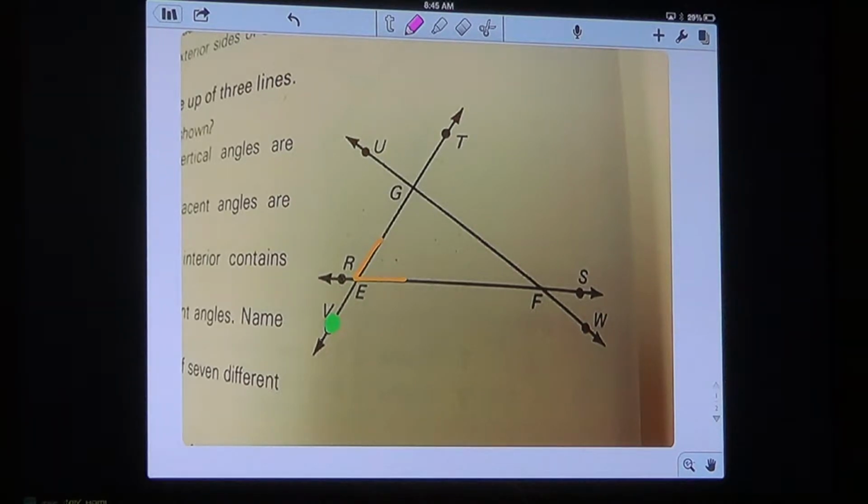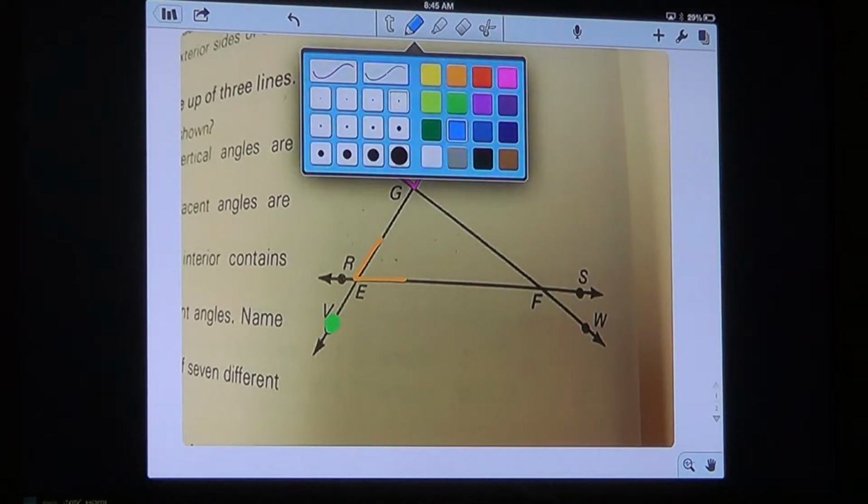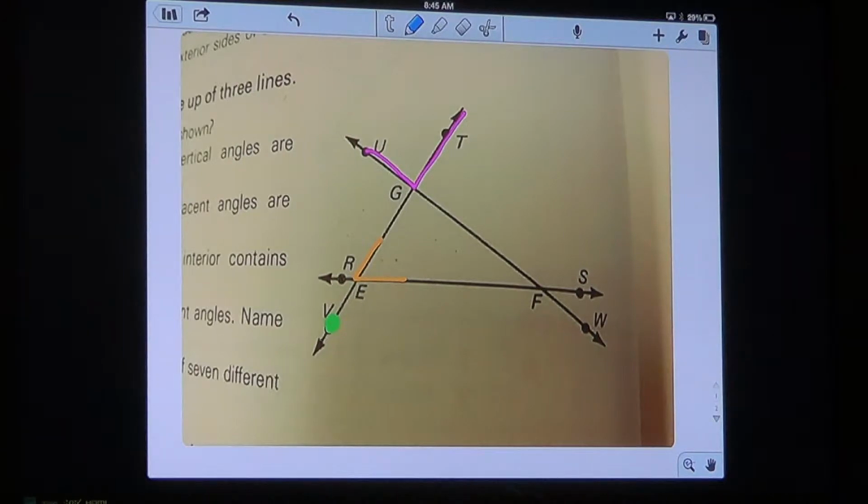Okay. UGT, yep, it's also outside of that angle. What else? Wolfie? UFR. UFR, yes, that would be this angle. Okay, that's 3.